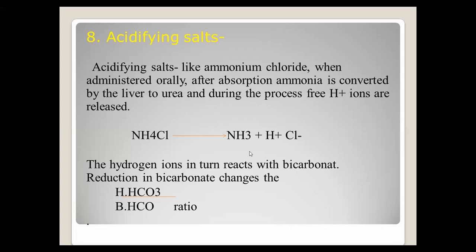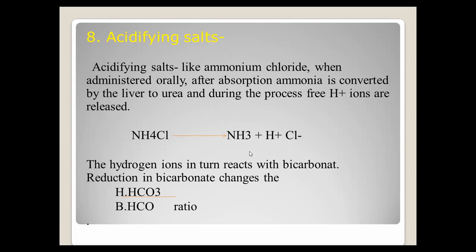During this process free hydrogen ions are released. Means NH4Cl is taken orally as a diuretic. After that, what is it converted into? It is converted by the liver into urea. During the process, which ions are released? Free hydrogen ions.